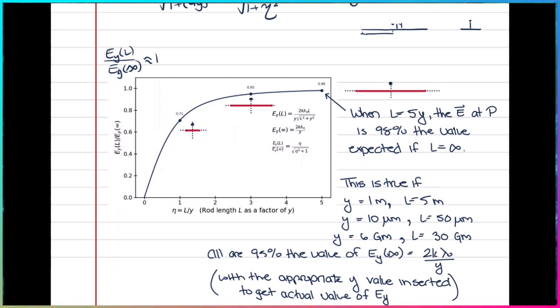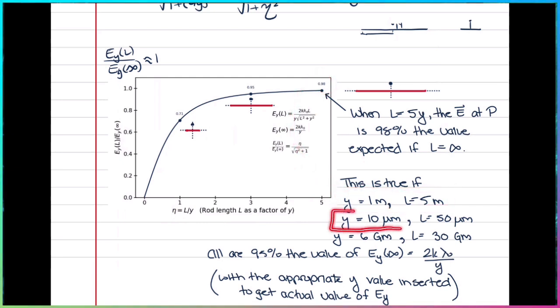Another thing that's nice about the dimensionless way that we did this is that this eta has L as a factor of y. And I'm saying that when it's equal to 5, then it's 98% of the infinite value. So that is true regardless of the length scale. If y is 1 meter and L is 5 meters, this is true.